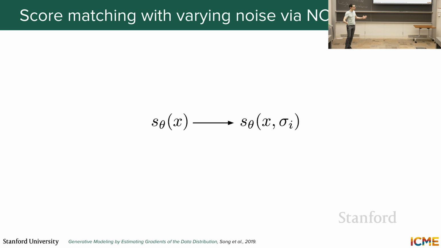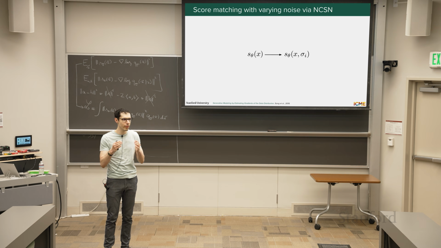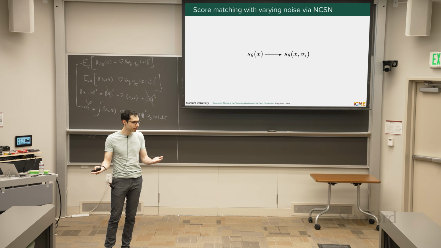So what are we going to do? And you had the right intuition in terms of making some tweaks to the Langevin sampling. So what we're going to do now is not learn the score of one distribution. We're going to learn the score of several distributions, of several noise levels.